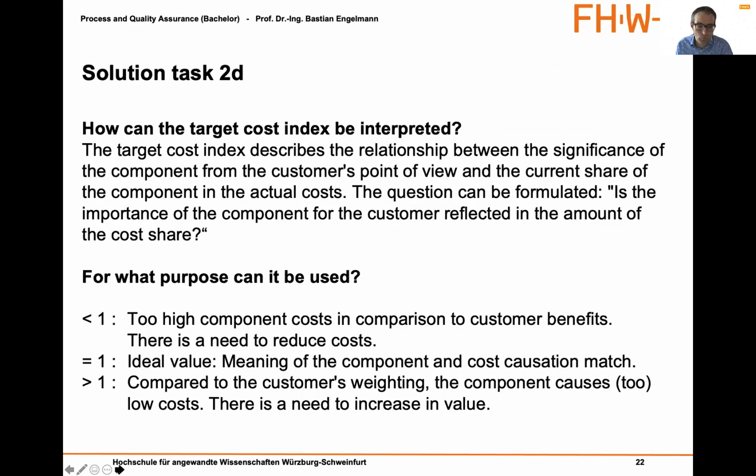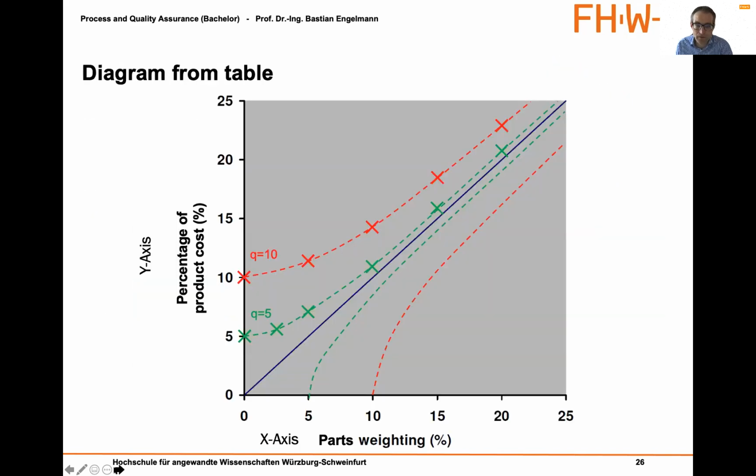Then we can also derive this here from the diagram when here is our cross. And so this line here is the line for indicating that the target cost index is 1. It's when the percentage of the product cost is 5 and the parts weighting is 5, then our target cost index is 1. So this would be the perfect line.